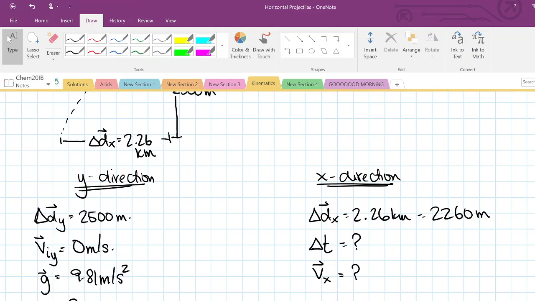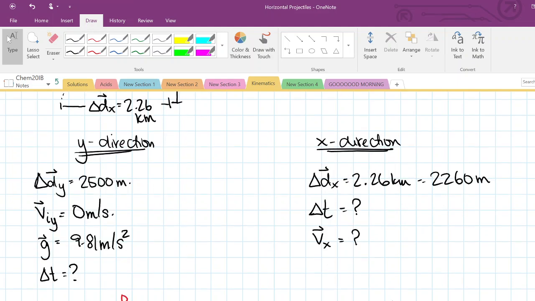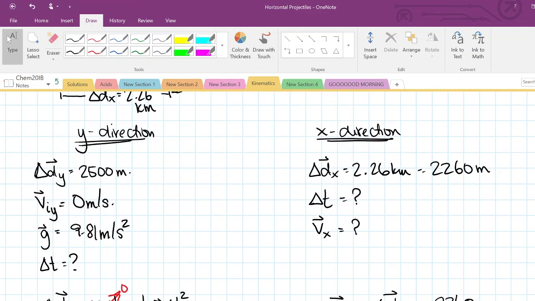Again, the thing that links the x and the y direction to each other is the time. In this case, I've got my displacement, which is 2,500 meters. I've said down is positive, so this is positive 2,500 meters. The initial velocity in the y is 0. Gravity is 9.81 meters per second squared, positive because I've said down is positive. And my time is the only thing I'm looking for.